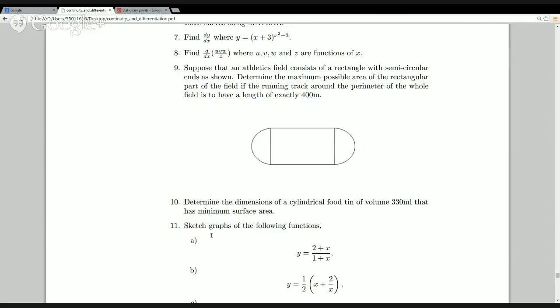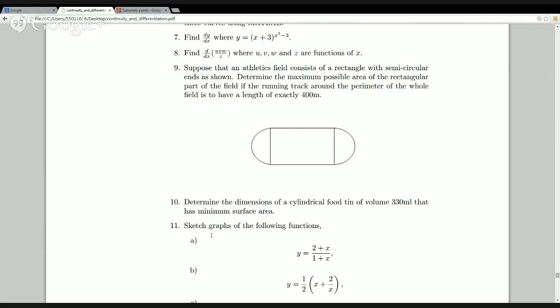We can confirm it's a maximum by looking at the second derivative of A. So the second derivative, d2A/dL squared, well, from the formula, it's minus 4 over pi, which, whatever that is, is certainly a negative number.